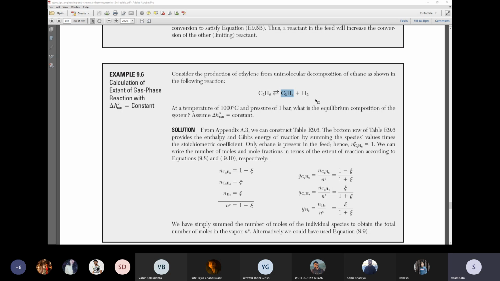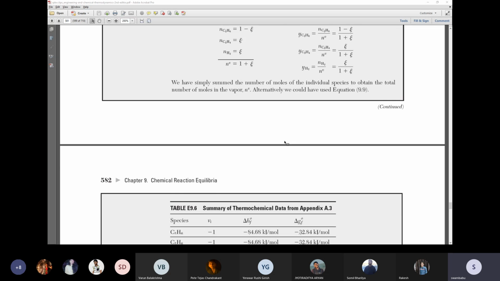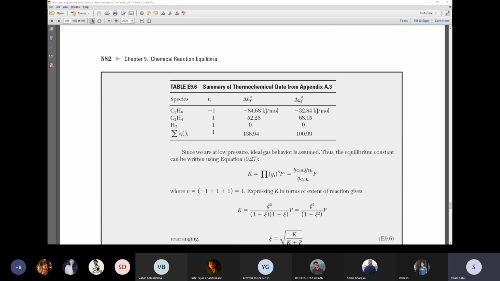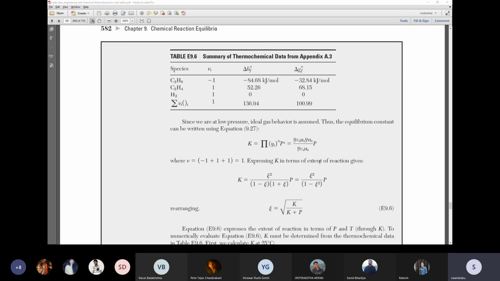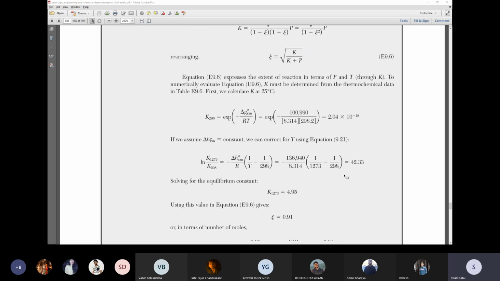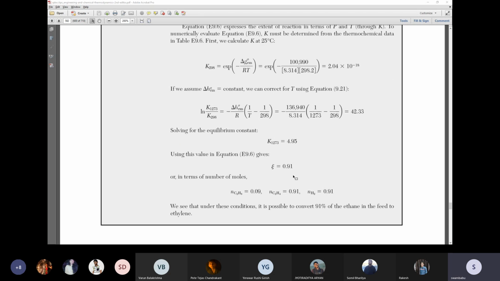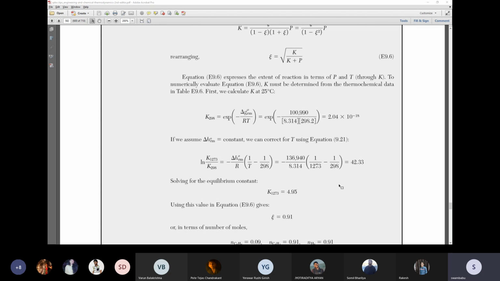If we have to solve this, we have to express it in terms of extent of reaction. Then we need to calculate the equilibrium constant from the delta G, then relate them, find all this, and from the extent of reaction again get the composition.